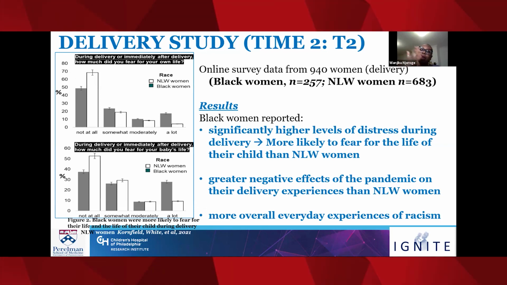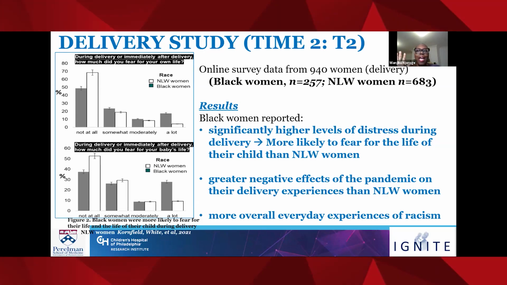And if you remember, back at the very beginning of the pandemic, women's birth plans were thrown out the window, right? Women were not allowed to have initially anyone in the L&D room with them, just them and their team.